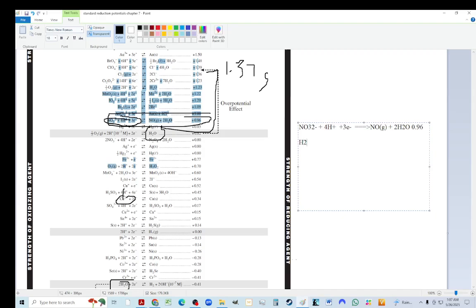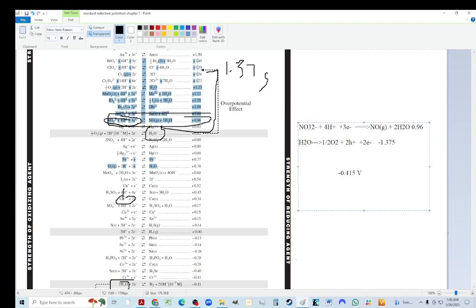The other one we're using is this one, backwards, and its reverse is negative 1.375. When you add those up, we're talking about a negative 0.415, something like that. That means you need at least 0.415 volts to get this reaction going.